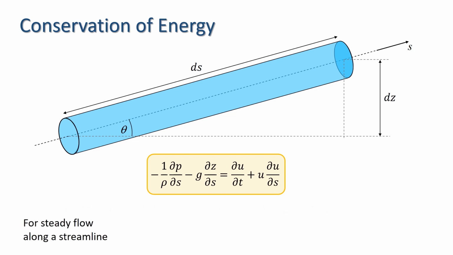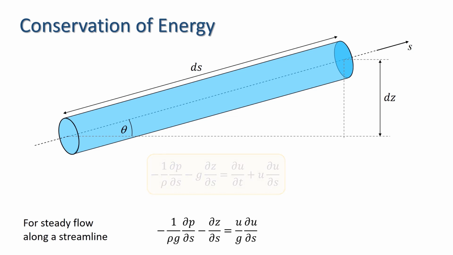For steady flow along a streamline, the time derivative term disappears, and we have this variation on the Euler equation. Rearranging this, if we look at this, we can see that all the derivatives are in the direction of flow, i.e. along the streamline, the s-axis.